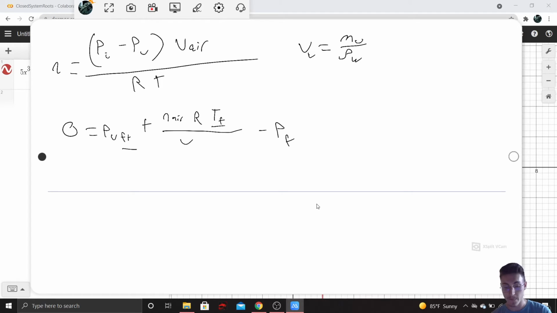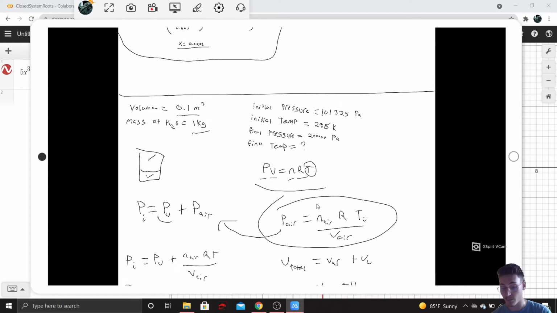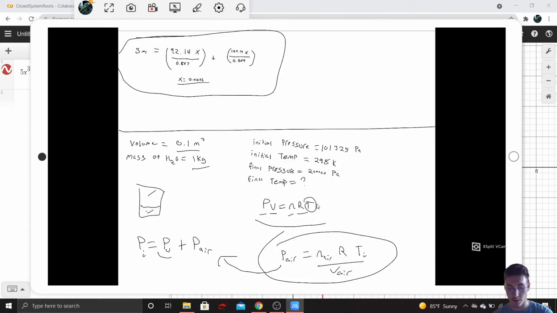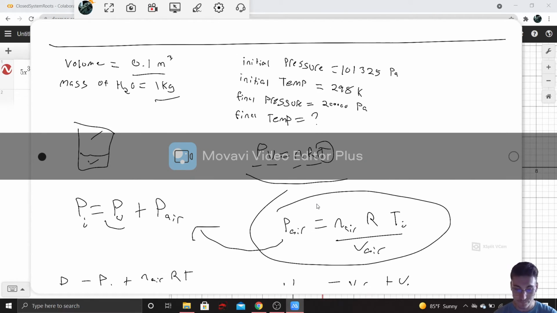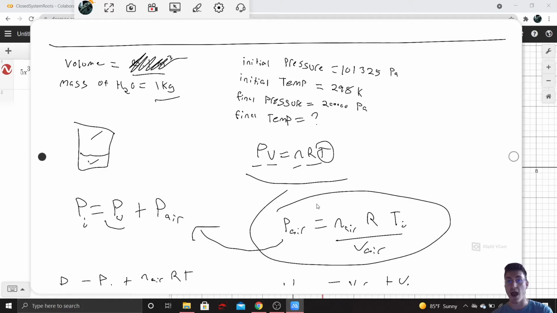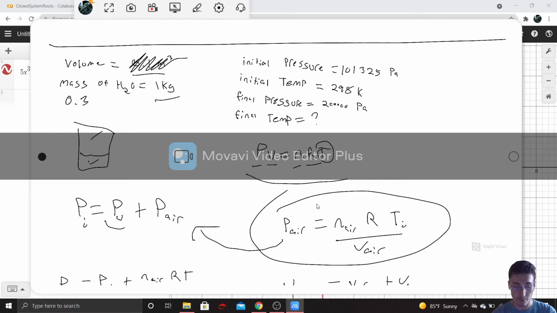Now, for the second part of this, we are going to say, what if we do not have the given volume at the beginning? Instead, at our final pressure of 200,000 pascals, we want a total of 0.3 moles of water vapor in the air.